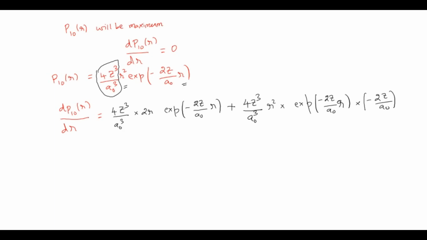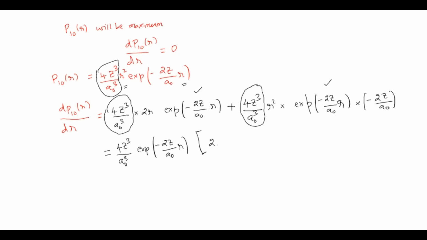Now we can pull out the common terms outside so that we can easily simplify this: 4Z cube by a_0 cube exponential of minus 2Z by a_0 r, and the remaining term is 2r minus 2Z by a_0 r squared, and that is equal to 0 because the first derivative has to become 0.